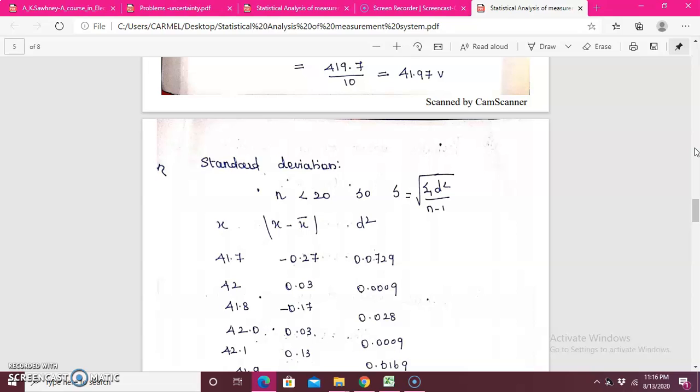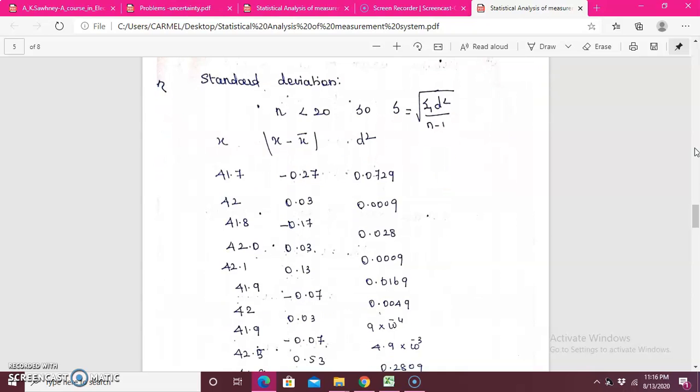Next one is standard deviation. Here the number of values that you got is only 10, so the value is less than 20. So I am just going to use the formula S equal to root of summation d squared divided by n minus 1. For standard deviation, you should know the value of the deviation d. So we have to calculate the modulus of x minus x bar.